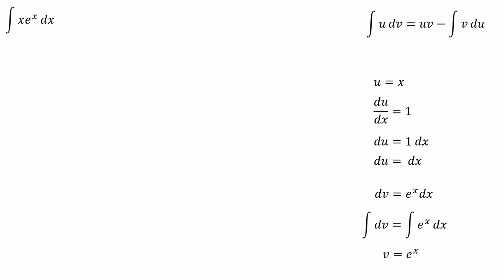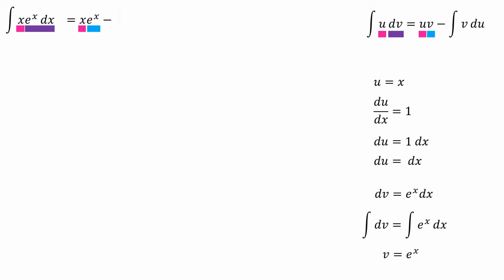Okay, so let's see if we can actually write out what we need. It says if I've got the integral of u times dv, which is what we have, it's equal to u, okay, and that's x, times v. Okay, that's e to the x. Then there's a subtraction symbol, keep the subtraction symbol.